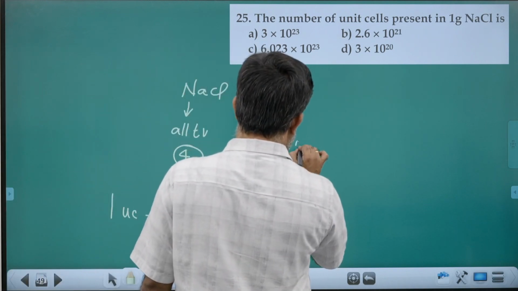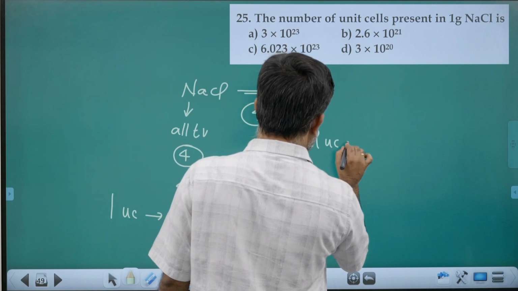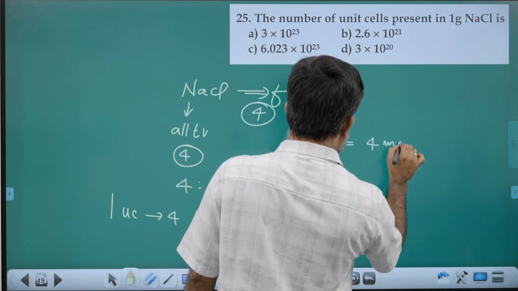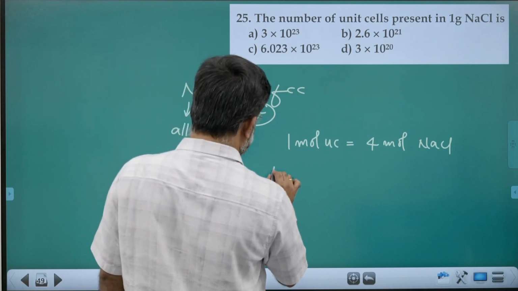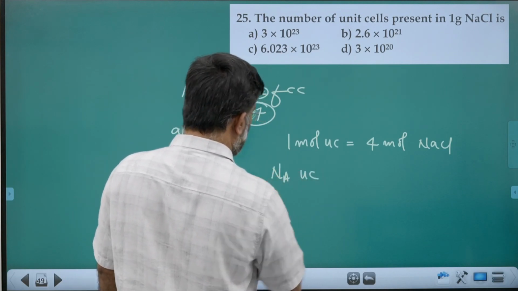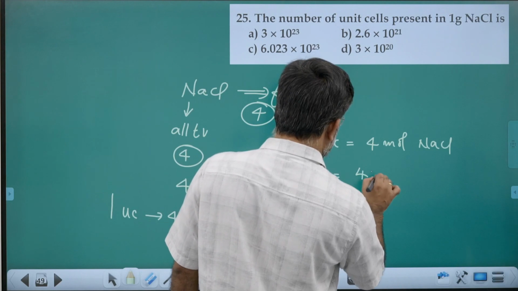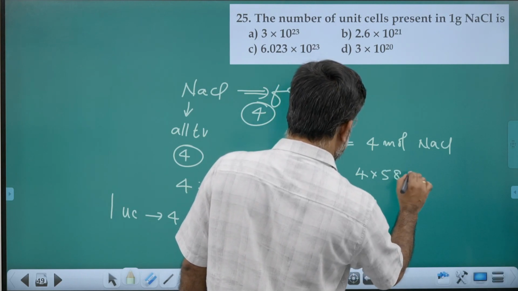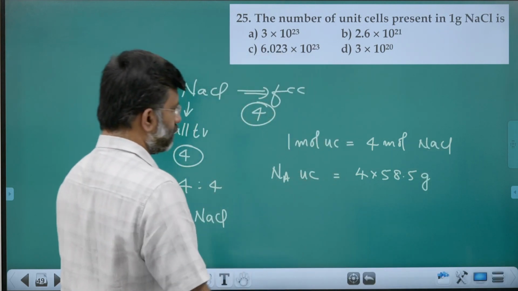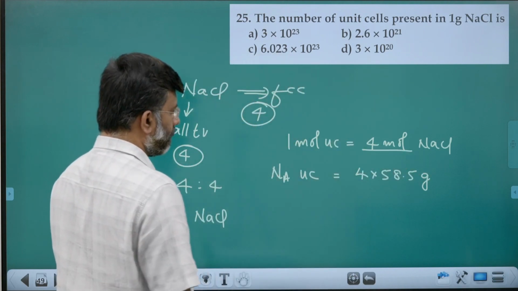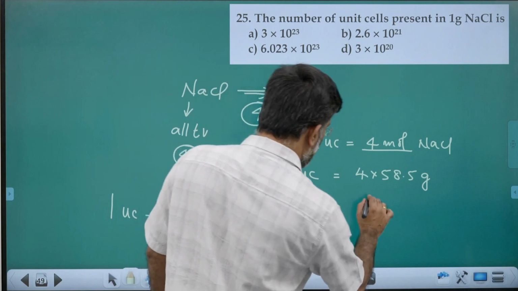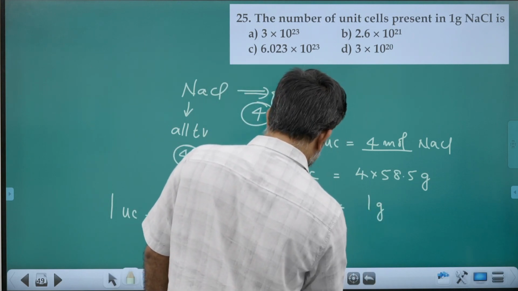That means 1 mole unit cell contains 4 mole NaCl. 1 mole unit cell means Avogadro number of unit cell contains 4 into 58.5 gram. 4 mole NaCl, 4 into 58.5 gram. Therefore, 1 gram, how many unit cell?